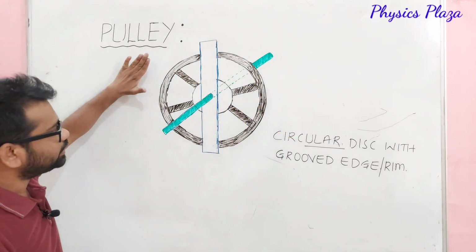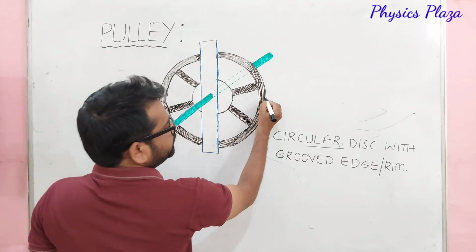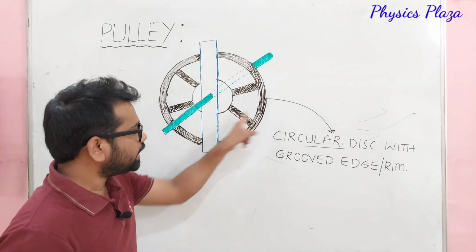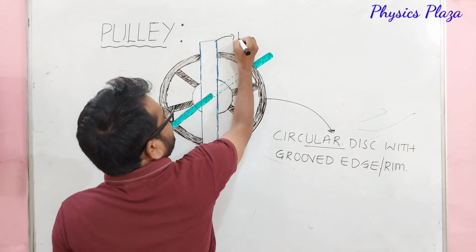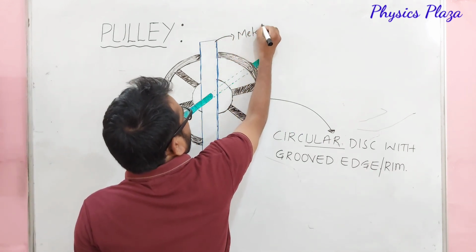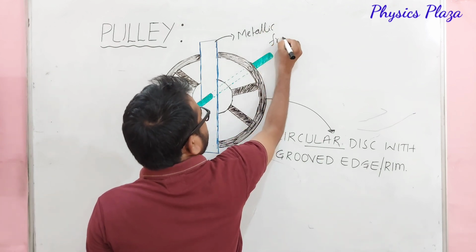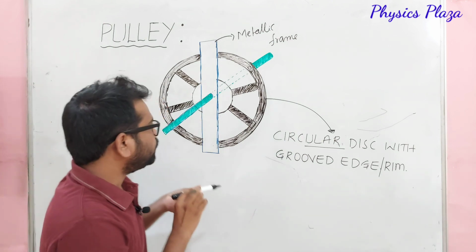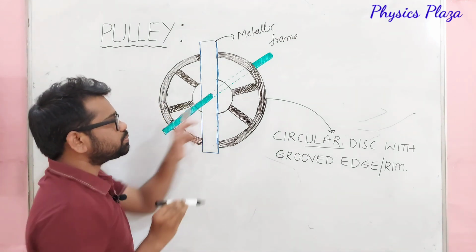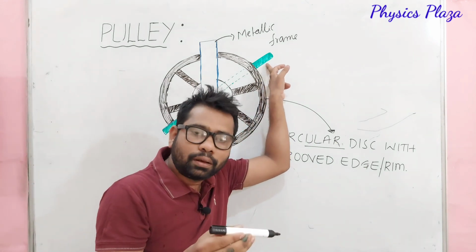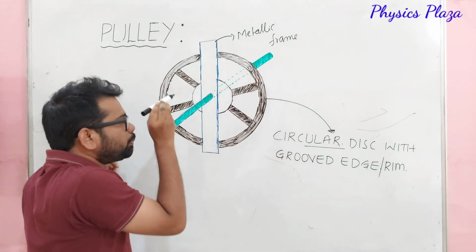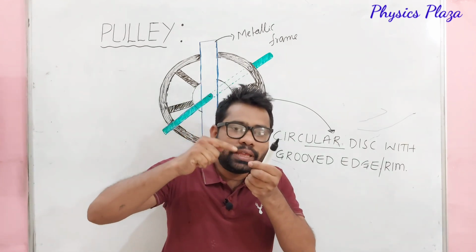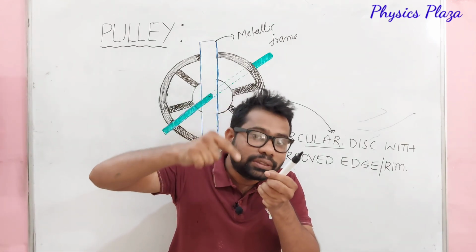So look here. A pulley seems to be like this. Here this is a circular disc, and it is arranged in what is called a metallic frame. It is arranged in the metallic frame in such a way that one axis, which might be made of metal or wood, passes through the center of the pulley so that the pulley can rotate around that axis.